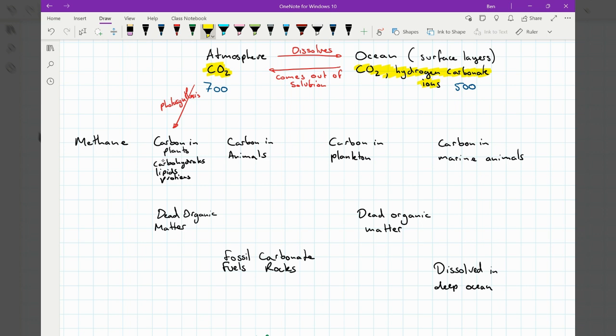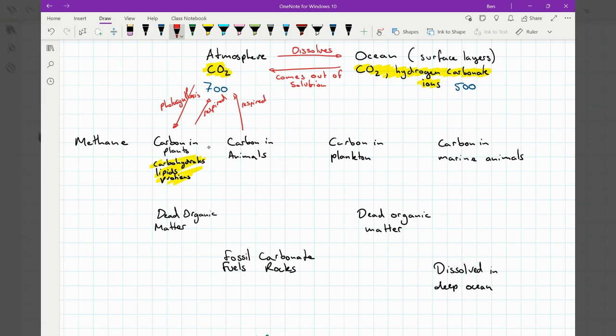Okay, so there are different forms, and we find that this is also respired back into the atmosphere from both plants and from animals.